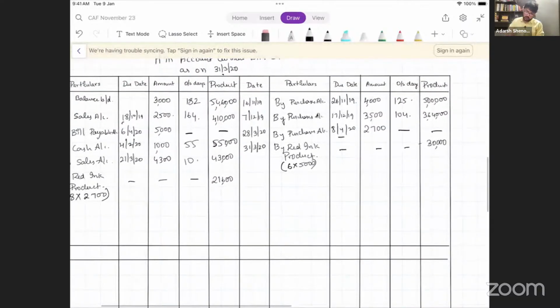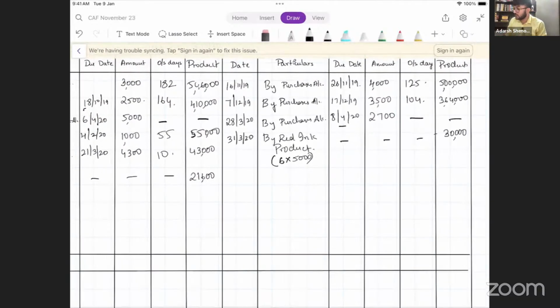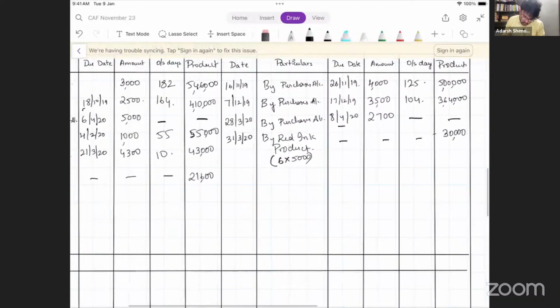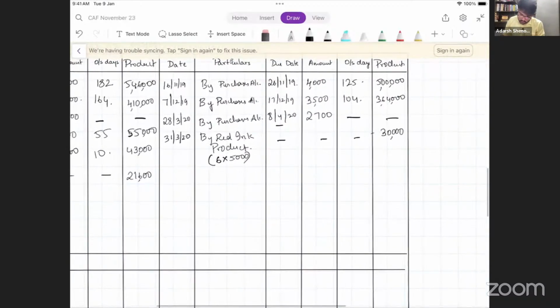First, we have to close the product column, then everything else, then the amount column. Everything else means you don't total up the due date and outstanding days. Only two columns we total up: product and amount. First, product column. So now total up the product column. Which side is more, debit or credit? By the looks of it, the debit side looks more.